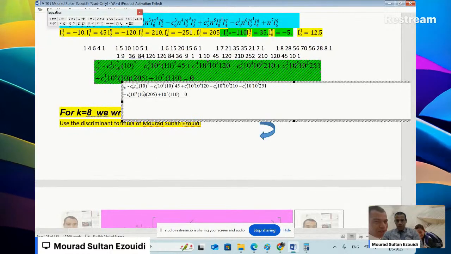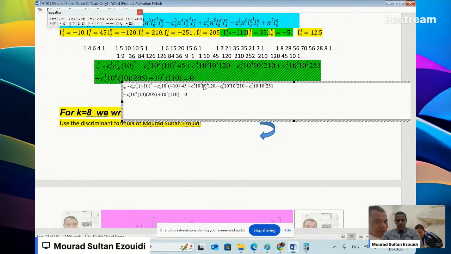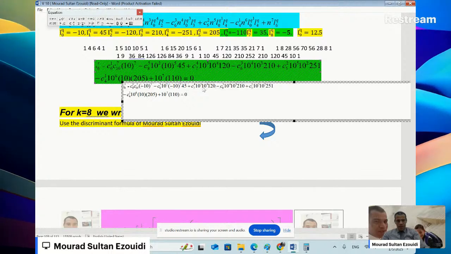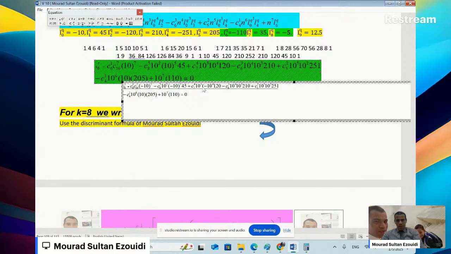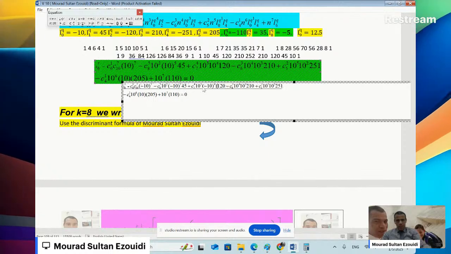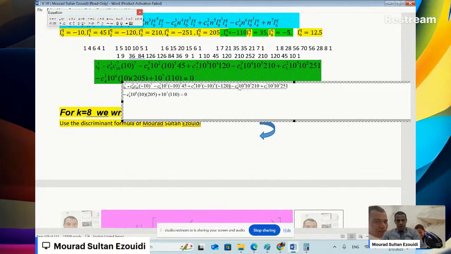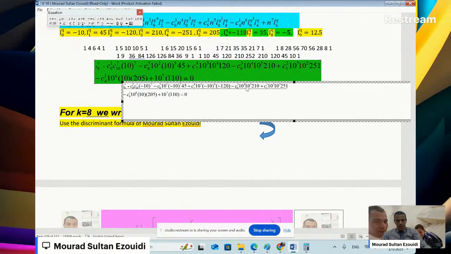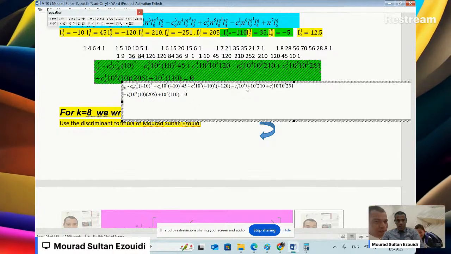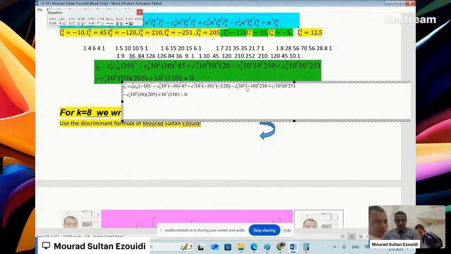This is minus. This is minus 10 raised to the power, correct, times minus 120. Then minus 10 raised to the power 3, multiplied by 210, is equal to the value of 3.